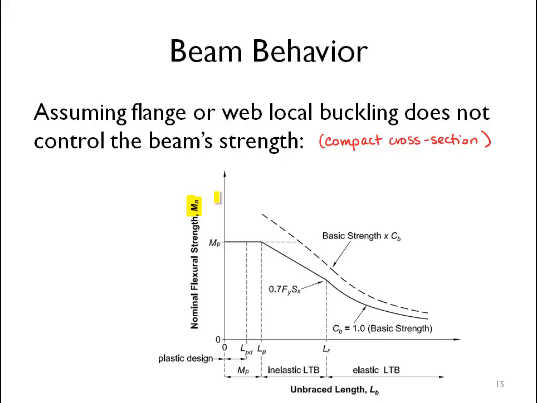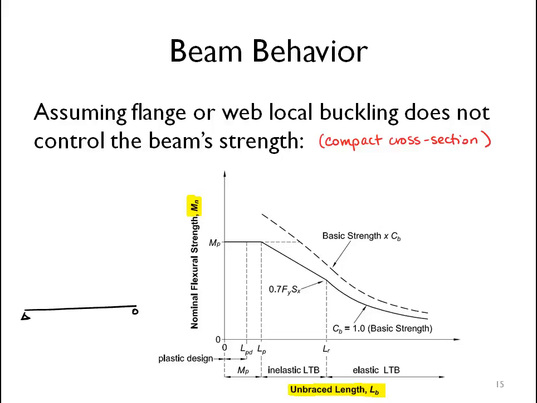For beams, it's traditional to talk about capacity in terms of moment strength, and so we're switching to the letter M. And when I use a subscript of n, that means we're talking about the nominal moment capacity. So I have nominal moment strength on the y-axis, and then on the x-axis, I'm plotting unbraced length. An unbraced length is just the distance between brace points.